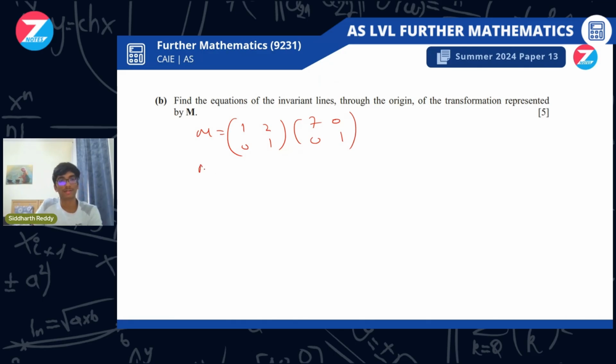If we simplify this, we get 1 times 7 plus 2 times 0, so it's just 7. And for the top right, we have 1 times 0 plus 2 times 1.